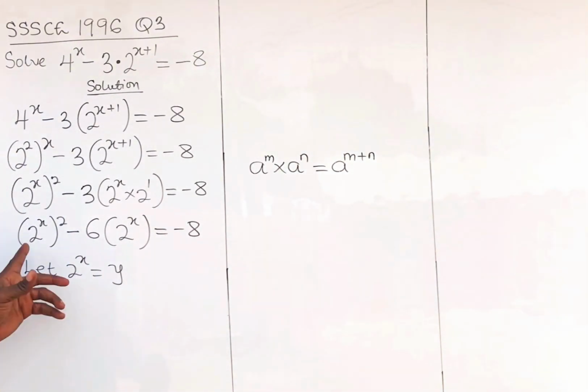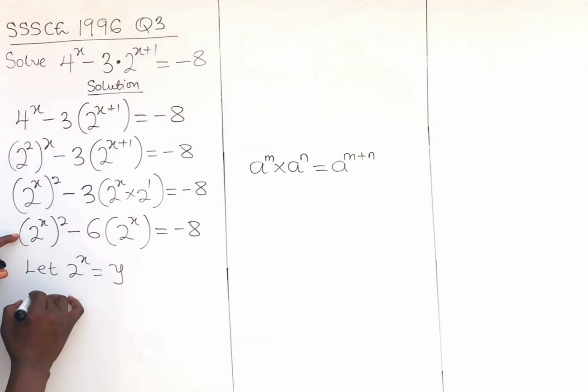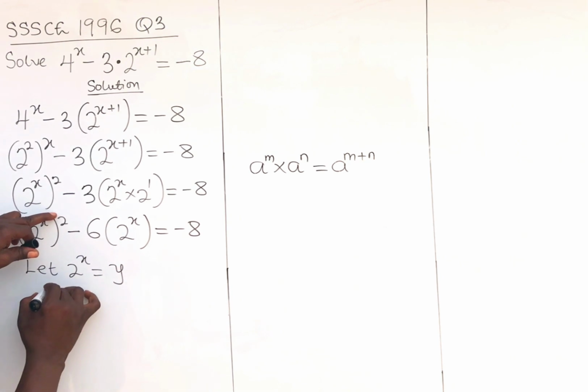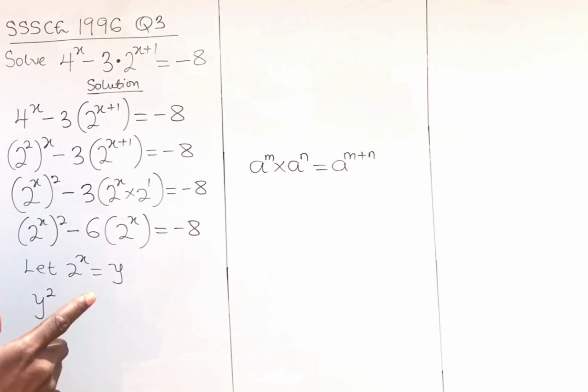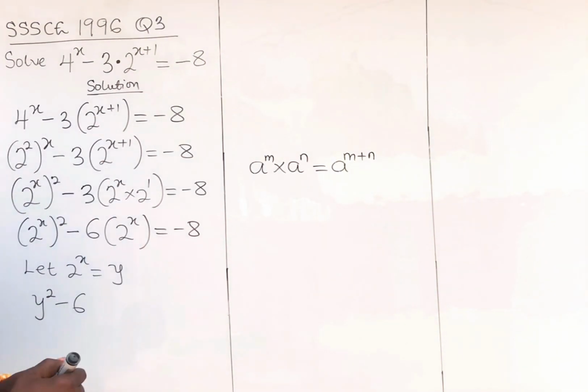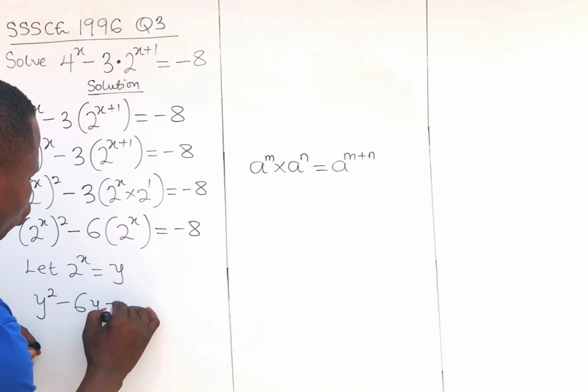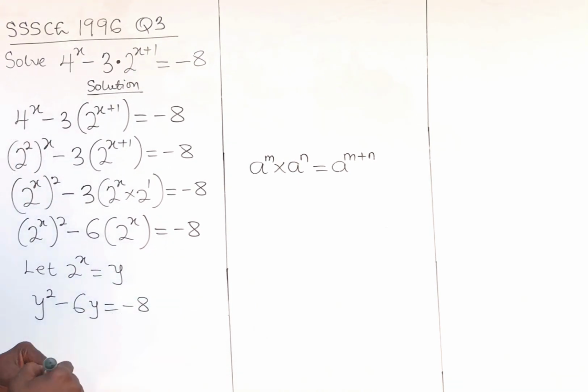This simply means that wherever we see 2 exponent x in this equation, we are substituting y. So here I have 2 exponent x, I'll write my y and bring the power 2. It will now be y squared minus 6. This is 2 exponent x, I'll write my y there, which is equal to minus 8.